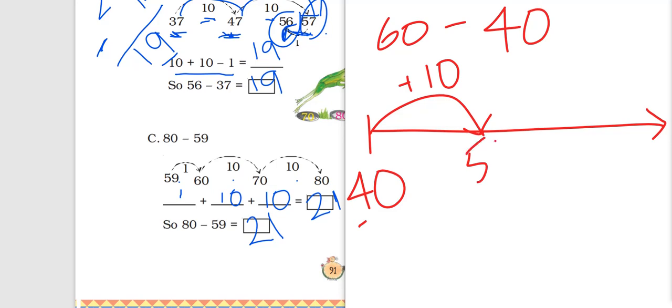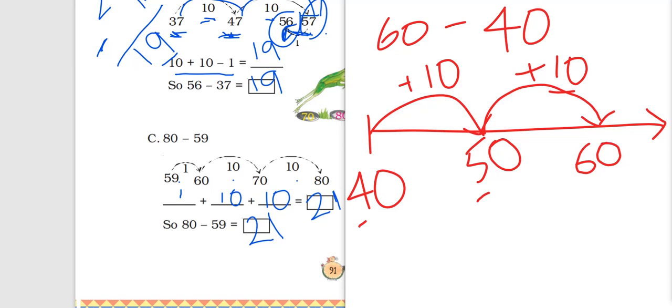And there is no ones, so put a 0 in the ones place. So you arrive at 50. Take another set of 10 steps, right? You start with 5 tens, you added a 10, you would get 6 tens and 0 ones. So we came to 60. And how many steps did we take in all? 1 ten and another 10. 2 tens is 20. So the answer is 20.